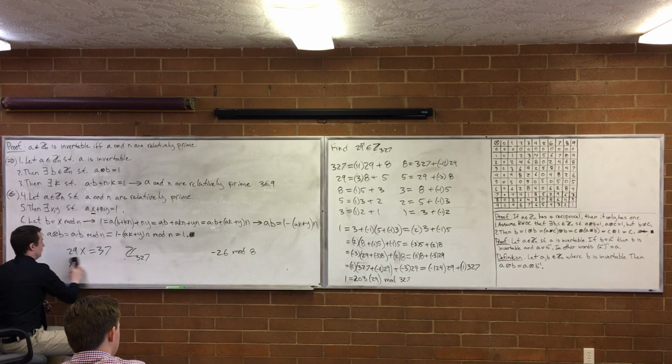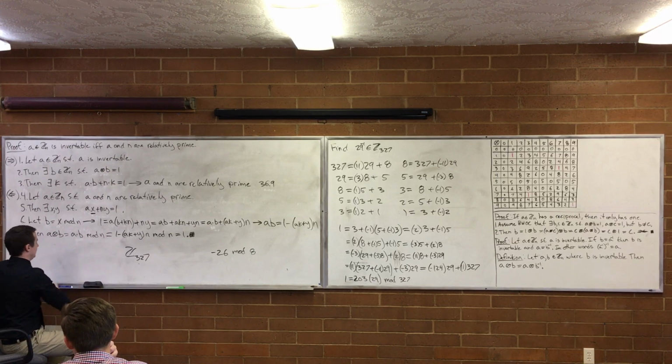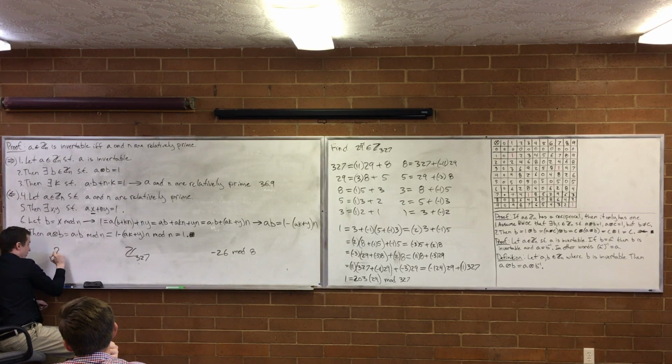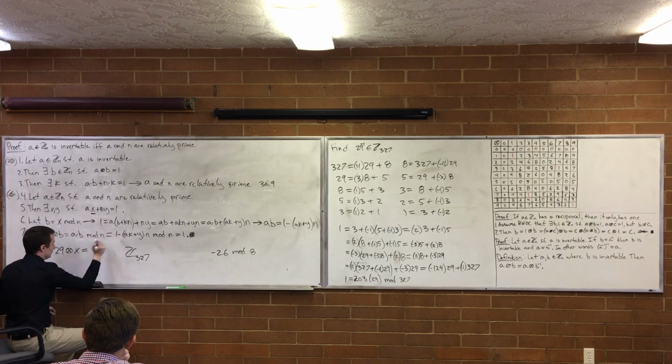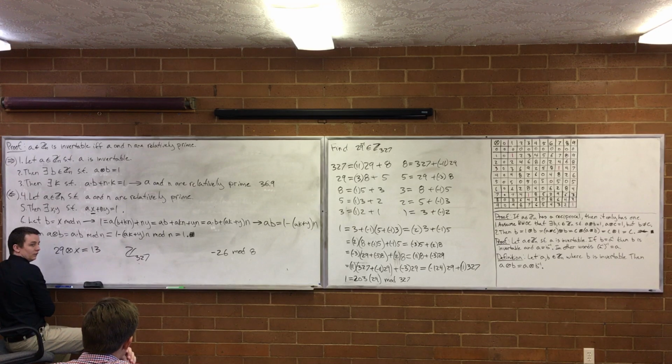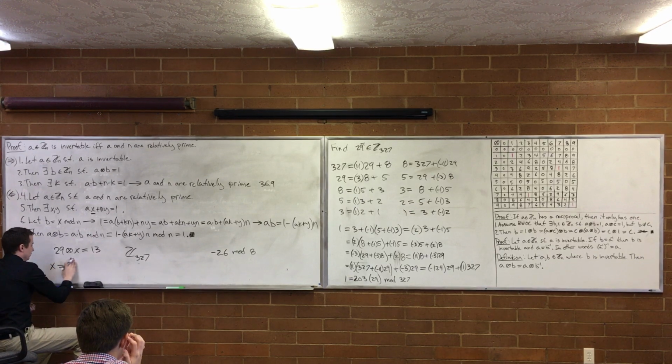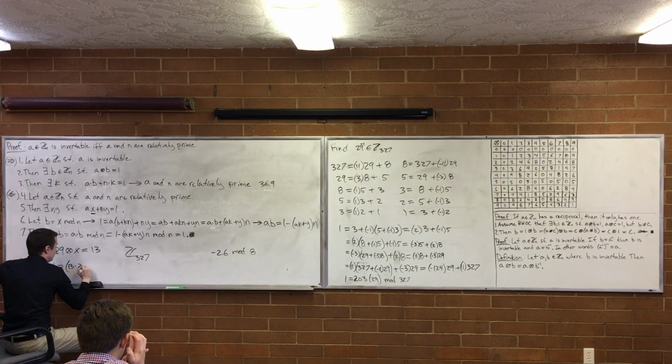Let me be a little bit more explicit here. So if I know that 29 times x is equal to, I don't care, 13. Now I know the x that satisfies this. What is x? x is equal to 13 times 203 mod 327, whatever that number is. 203, times is in real number times.